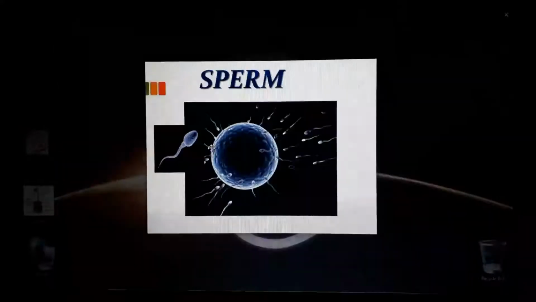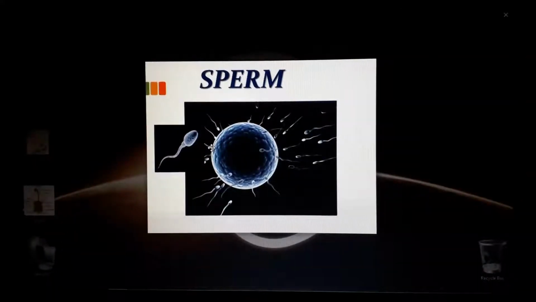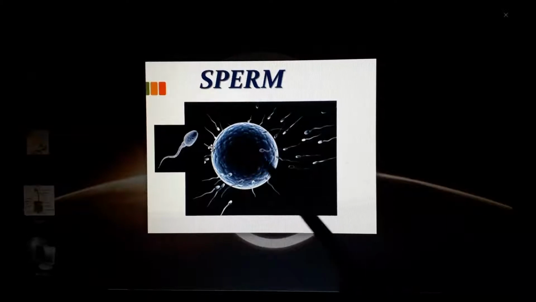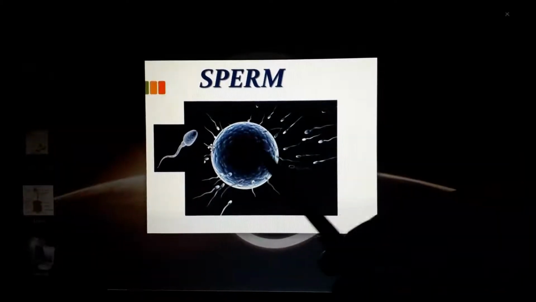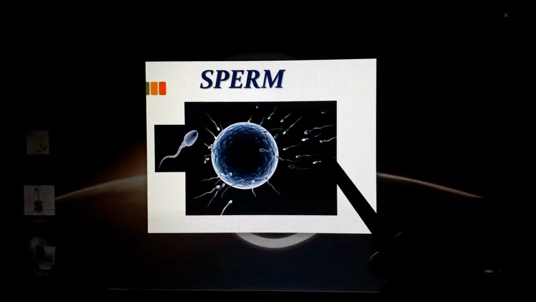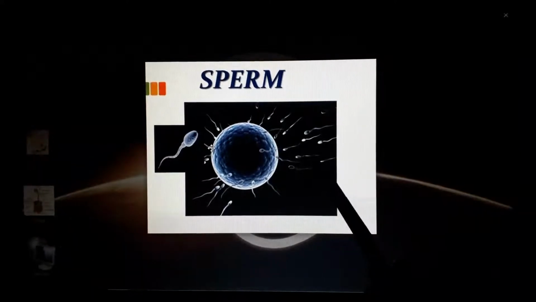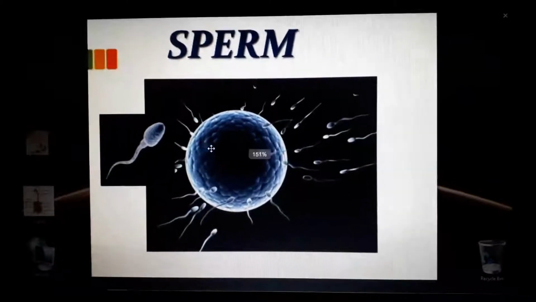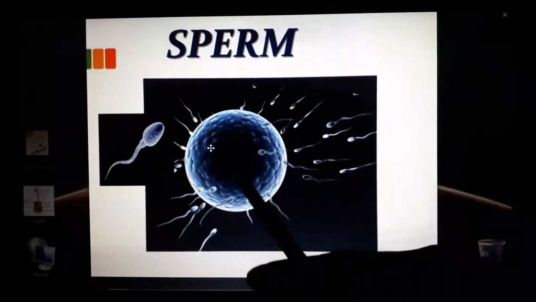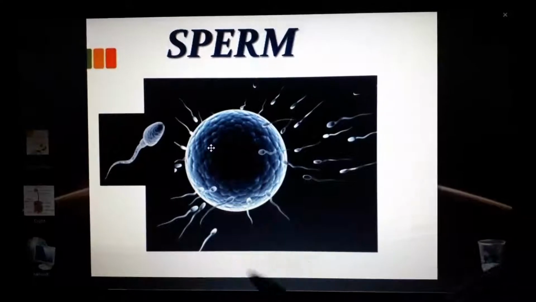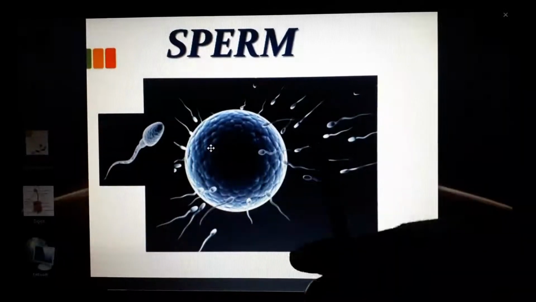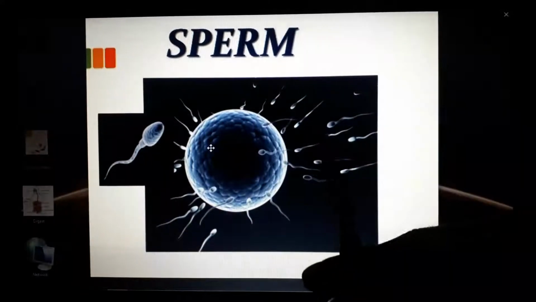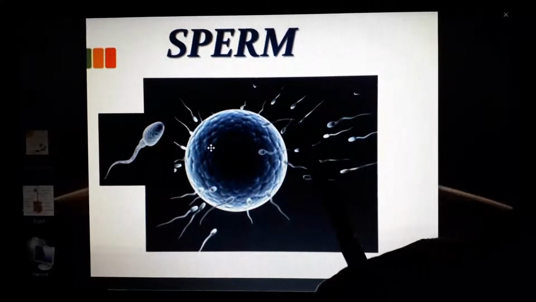Okay, the next one is about the sperm. This is a common ovary from the female, and this is the sperm which is from the male. This is the base of the human reproductive system. The ovary is produced inside the uterus of a female, and the sperm is produced inside the testis of the male.